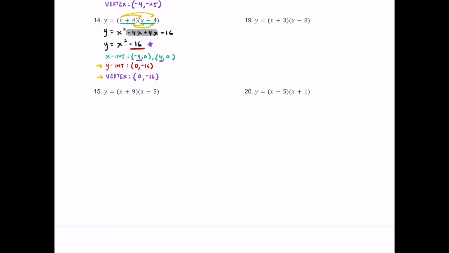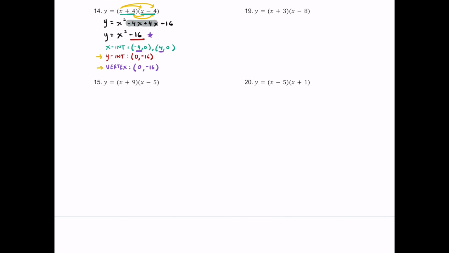All right, so let's check out number 15 here. For 15, we have y equals, distribute all of this, or FOIL, however you want to think about it. Go ahead and combine these.